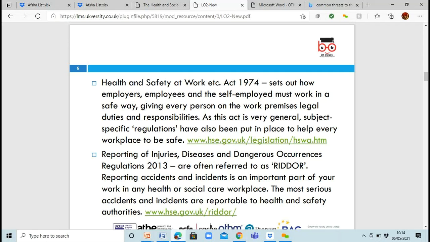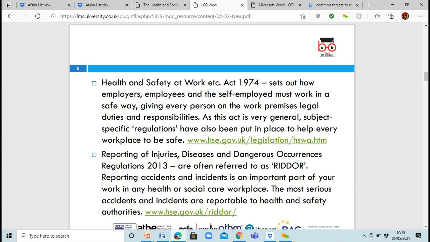Then we've got the Health and Safety at Work Act, and this was brought about in 1974. This tells employers, employees and self-employed people the way to work in a safe way, what legal duties they've got, and what sort of care they need to give to anybody that works within a particular setting.